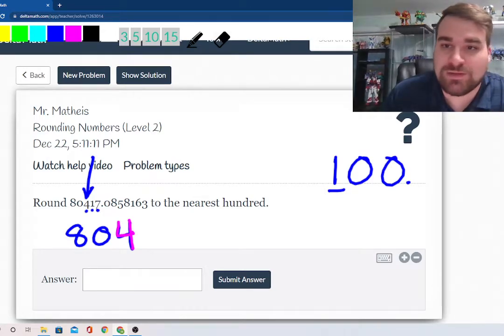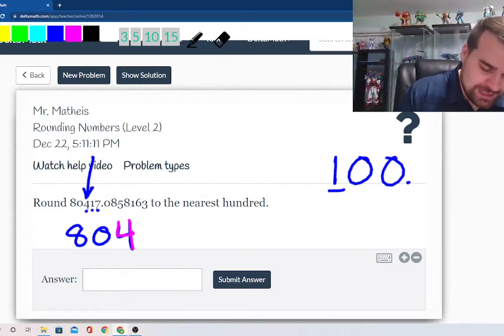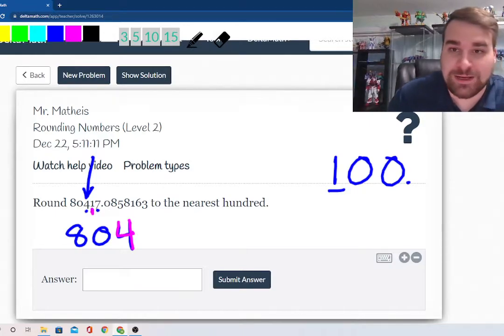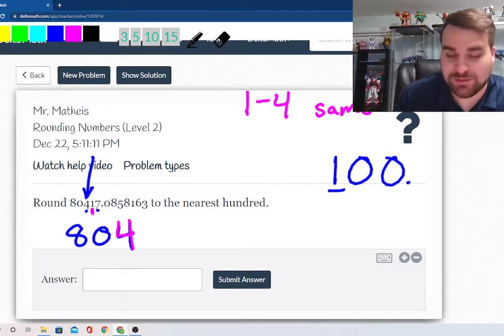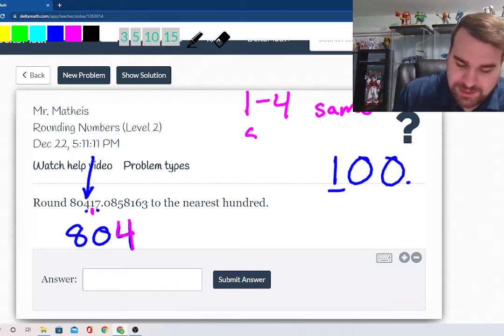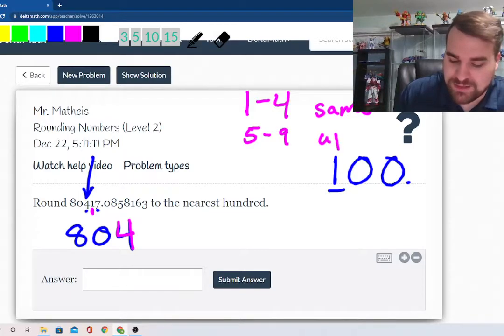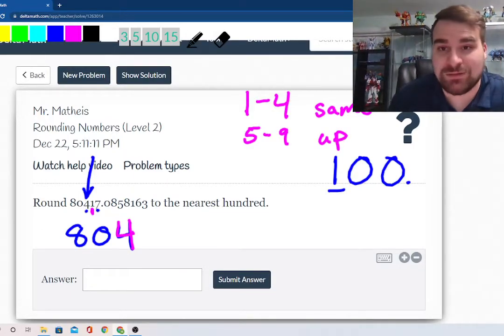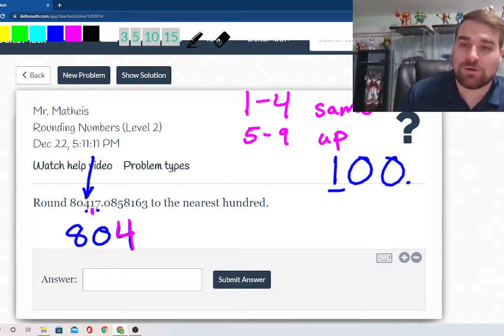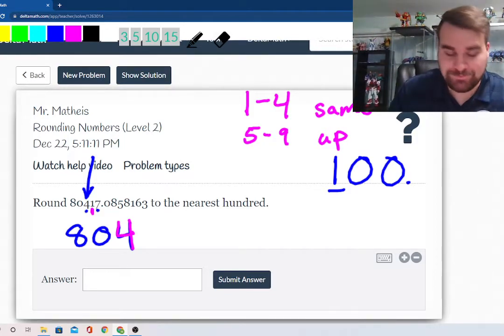So let's look at what comes after the 4 originally. This has a 1 right there. Well, if you recall, any number between 1 and 4 makes the rounding stay the same. Any number between 5 and 9 makes the rounding go up. 1, of course, would make the number stay the same. So that 4 isn't going to change.